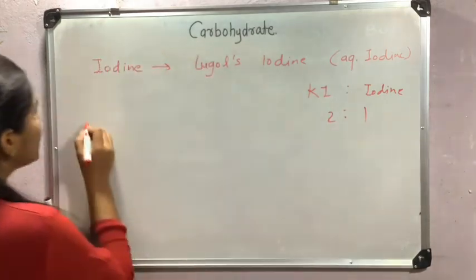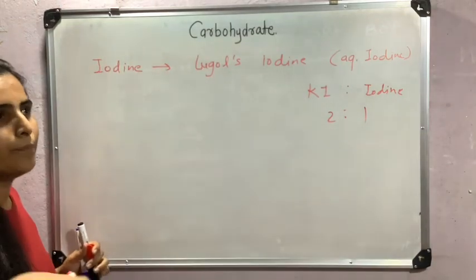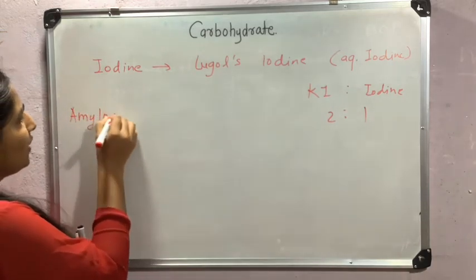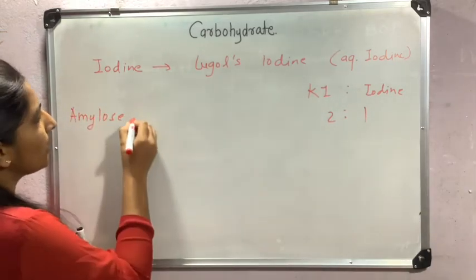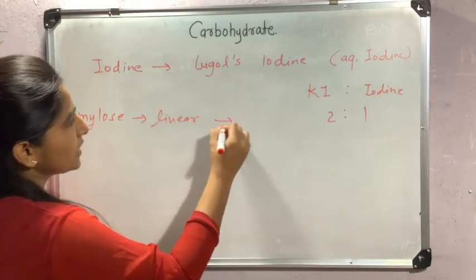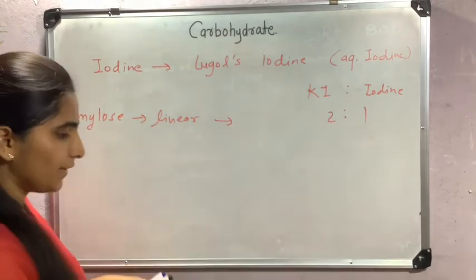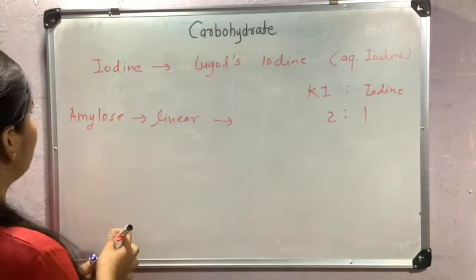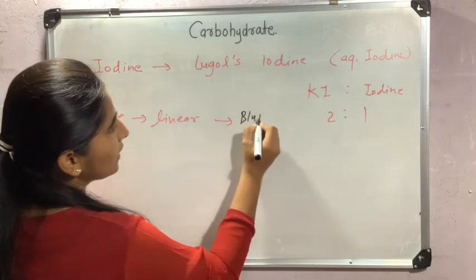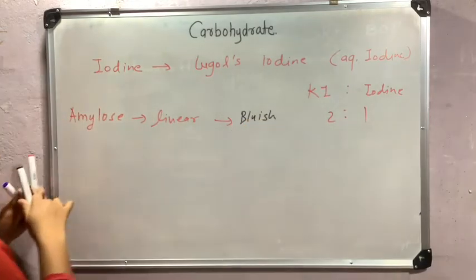What happens when starch or any polysaccharide, suppose amylose, reacts with iodine? As this is a linear chain polysaccharide, amylose gives a bluish color.